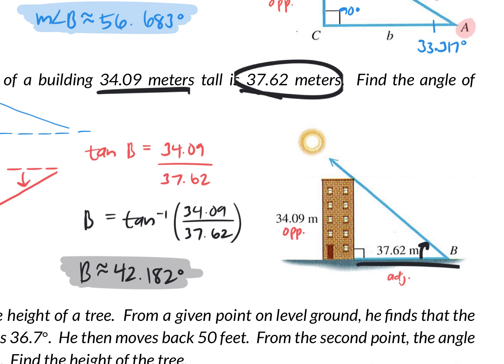So that is my angle of elevation. What's the squiggly equal sign mean? Approximately. Yep, the squiggly sign, approximate.